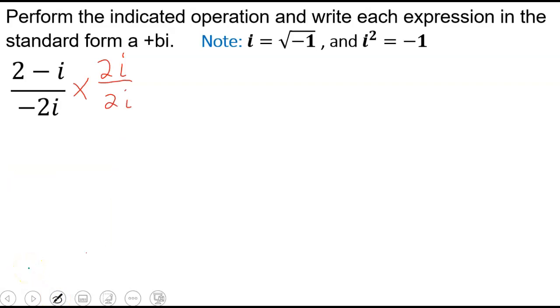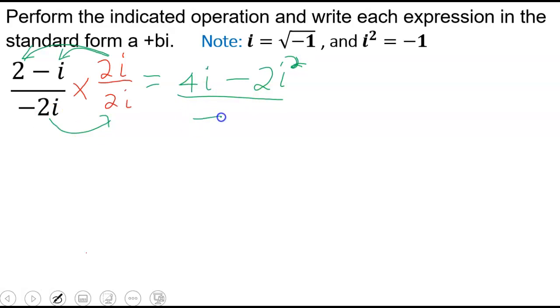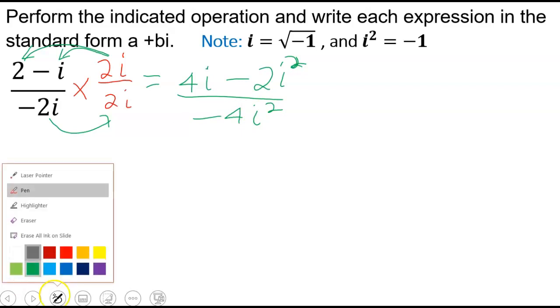So we can distribute: 2 times 2i is 4i, negative i times 2i is negative 2i squared, over, then negative 2i times 2i is negative 4i squared. Now we can simplify this.